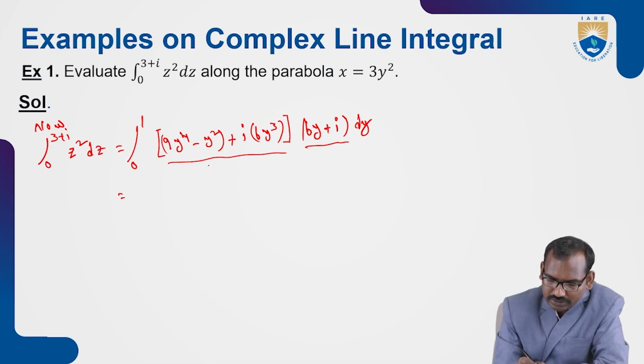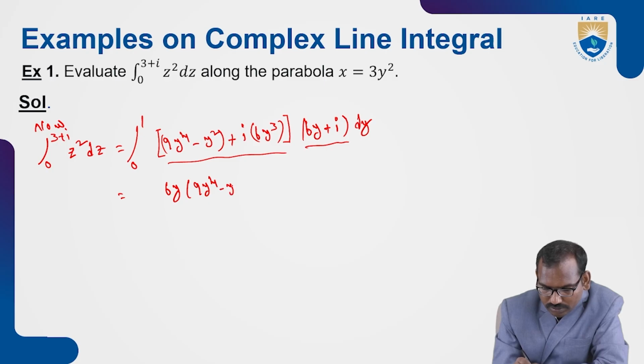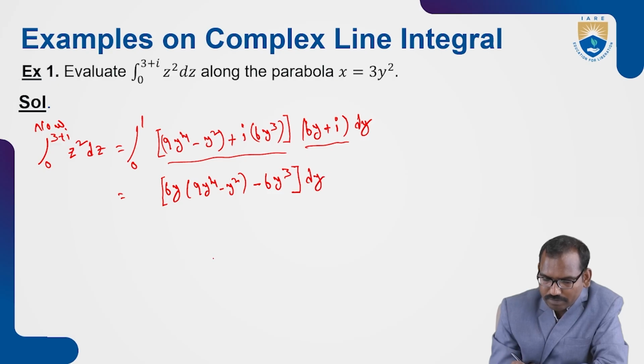Now I will write the real parts first. 9y to the power 4 minus y square, times 6y, next minus 6y cube, multiplied by dy, plus the imaginary part.